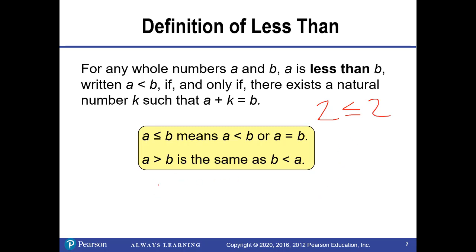And then A is greater than B is obviously the same as B is less than A. In other words, we can switch the order of numbers in an inequality or variables in an inequality, but when we switch the position of the numbers or the variables, we have to switch the position of the inequality sign.